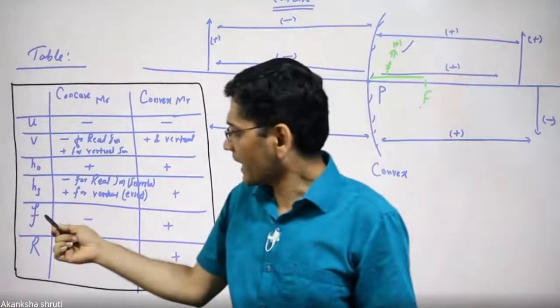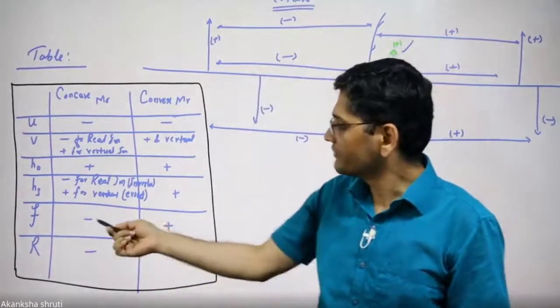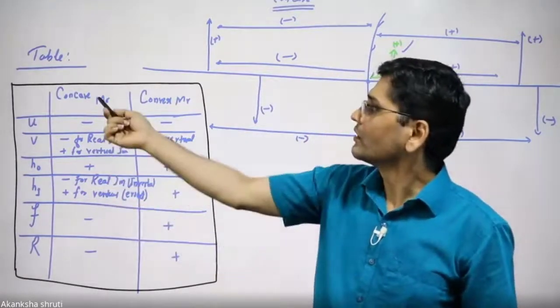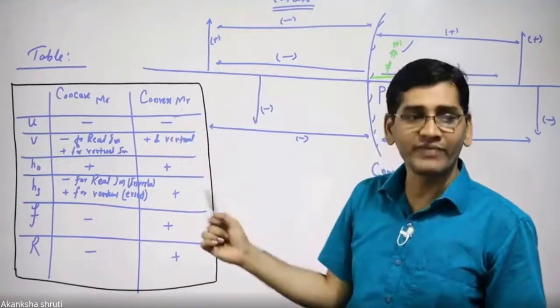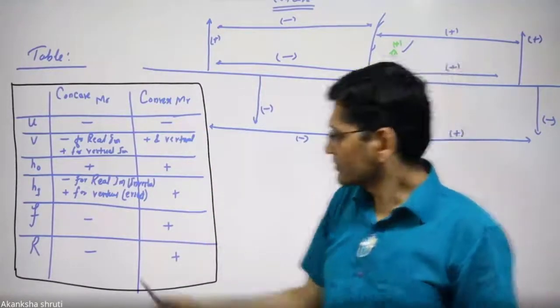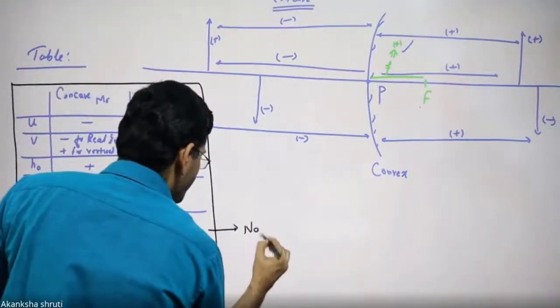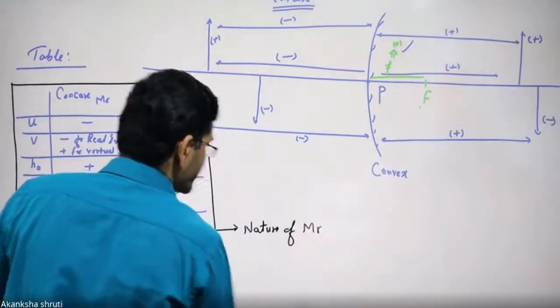The nature of the mirror can be predicted by the sign of the focal length. If it is negative, the mirror will be a concave mirror. If it is positive, the mirror will be a convex mirror. So this sign gives the nature of the mirror.